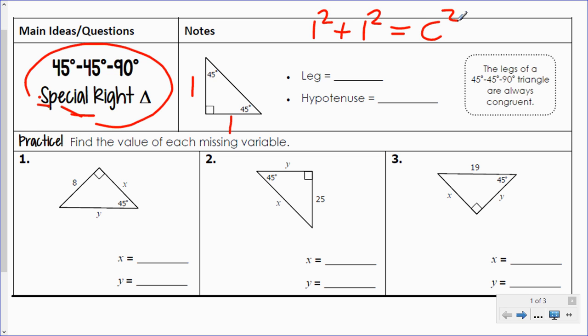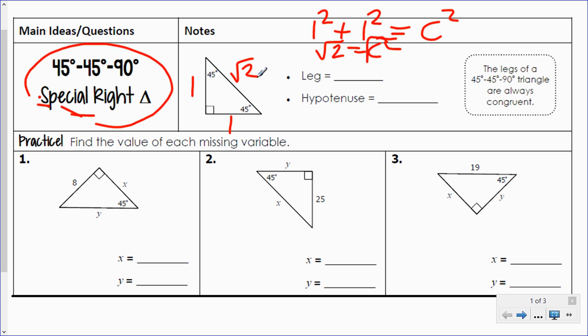And basically, we would end up with 2 equals c squared. And then we would square root both sides. And the hypotenuse ends up being the square root of 2. So basically, if you compare any 45, 45, 90 right triangle to this right triangle, they would be similar, or the corresponding sides would always reduce to the same ratio.